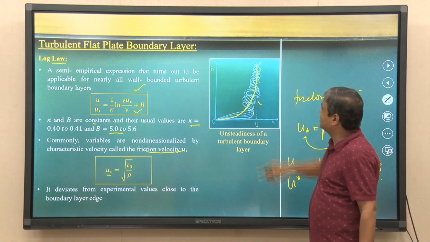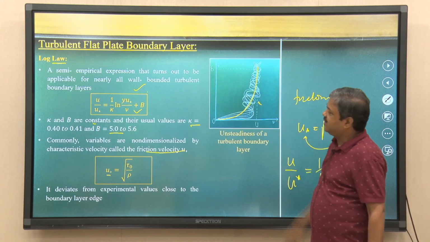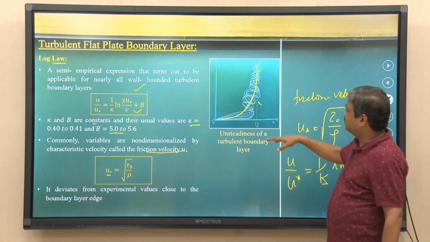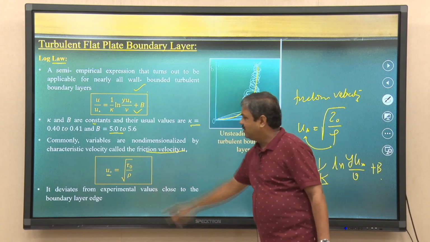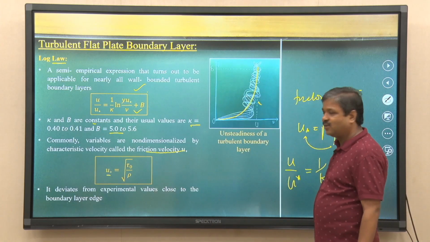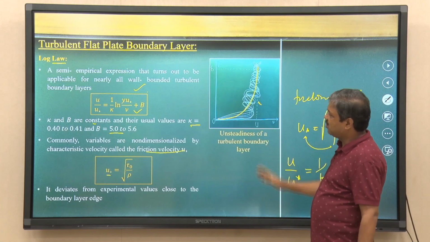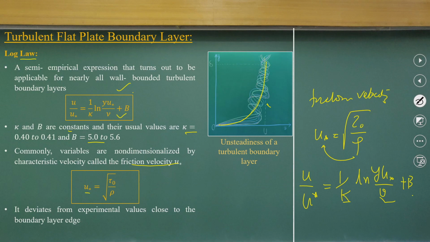This is the instantaneous velocity distribution; the time-averaged velocities will come like this. So, we can establish the relationship between velocity distribution and tau naught, the bed shear stress, as a non-dimensional logarithmic function.